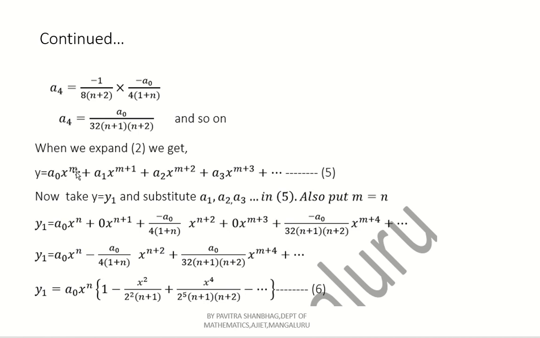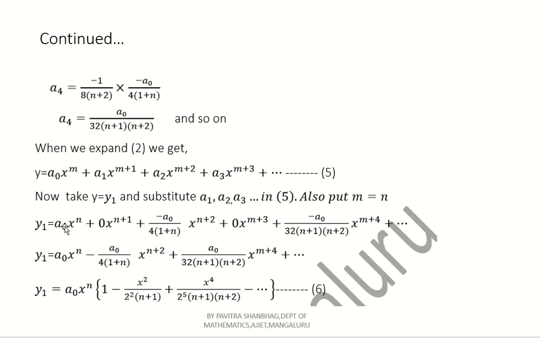So y1 equals a0 x power n plus a1, which is 0, x power n plus 1, plus a2, which is minus a0 by 4 into 1 plus n, x power n plus 2. Similarly a3 is 0. Next, a4 is a0 by 32 into n plus 1 into n plus 2, which should be positive, into x power n plus 4, and so on.